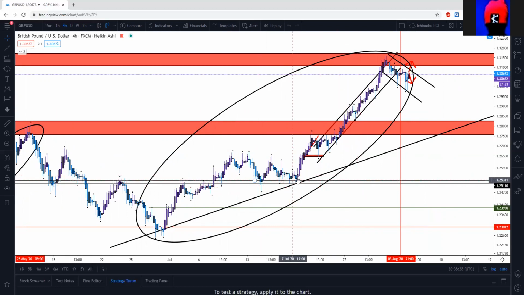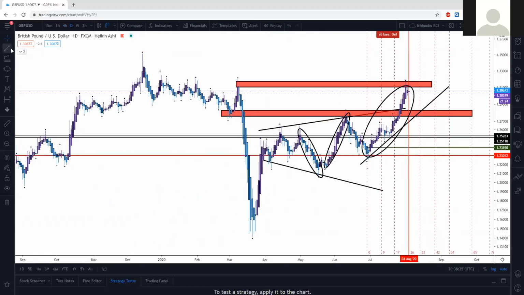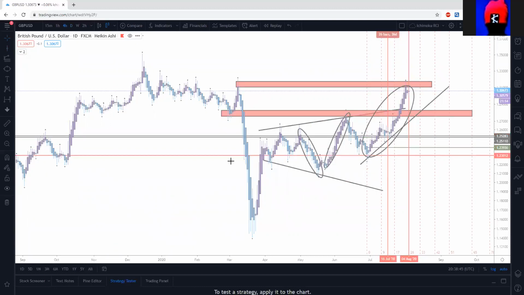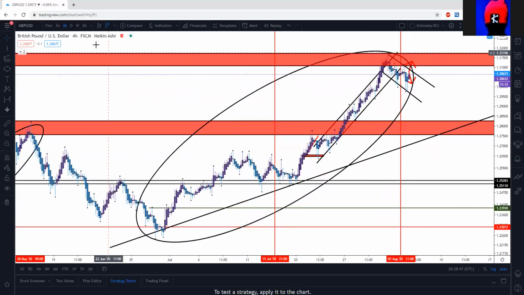So here on the daily time frame, I'm pretty sure the indecision candle was somewhere in here. Well, the indecision was right in here. Going back to the 4 hour chart, yeah, right in here, like I thought. So you would have made a move once you got a bullish confirmation.